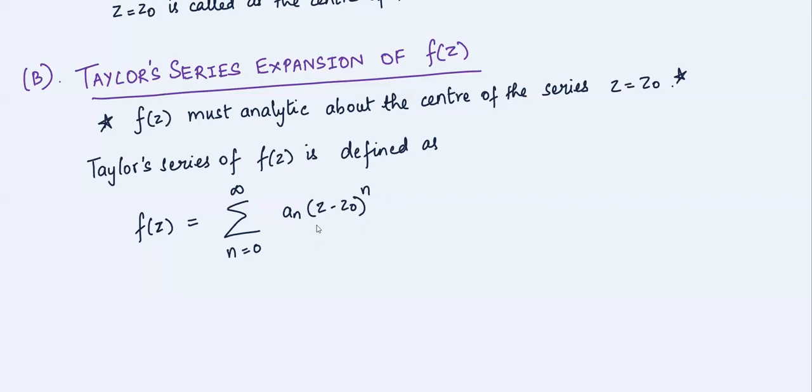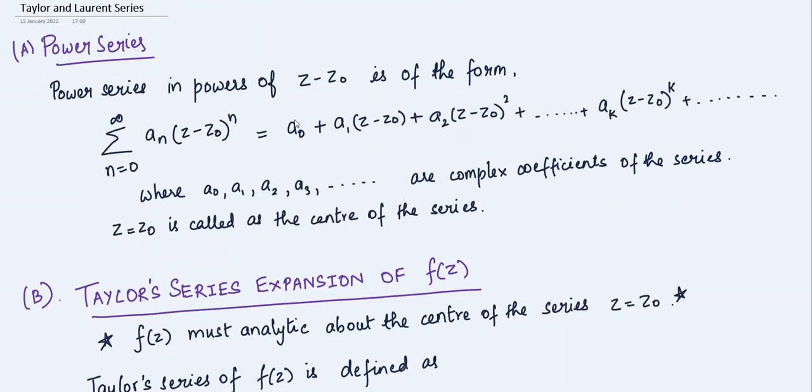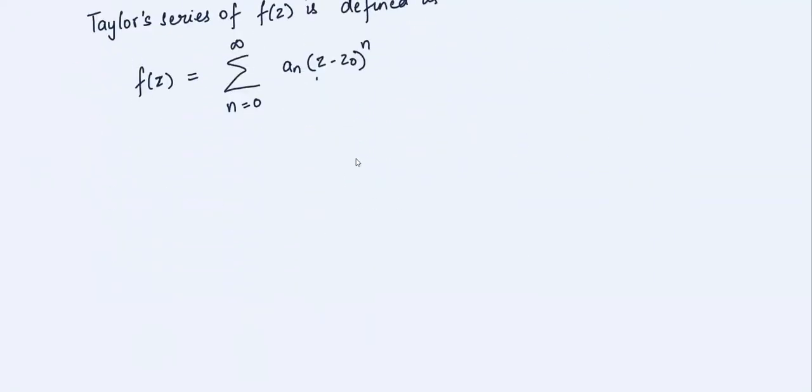It looks the same as the power series expansion. However, very important, where a_n is 1 upon n factorial into the nth derivative of f at z naught.